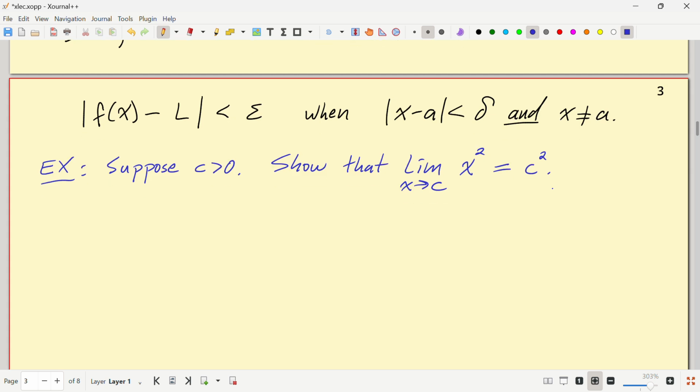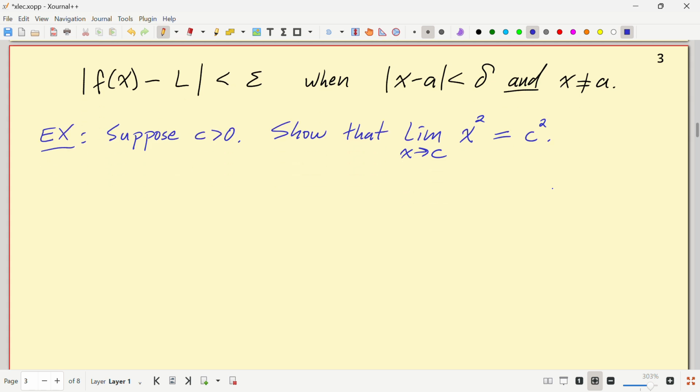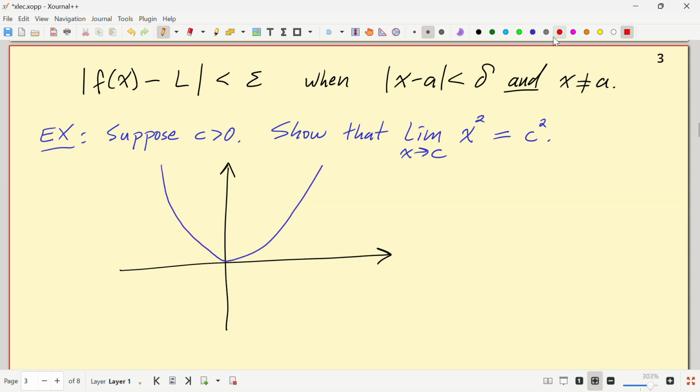Let's think about this for a second. Here's the x, y axis. Here's a graph of y equals x squared. Here's a positive c. That would be c squared.